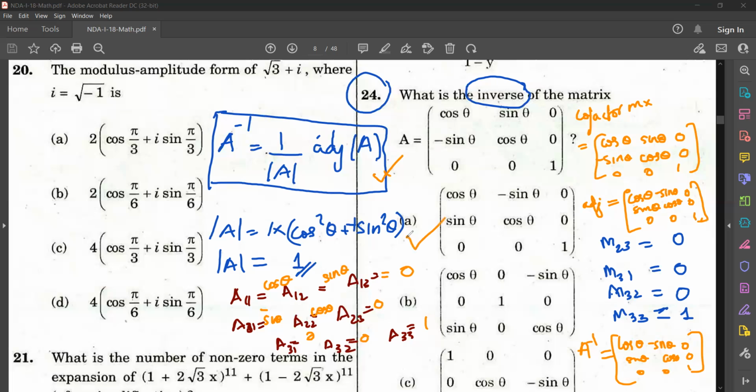So that answer is option A. Option A is the correct answer. So that was a direct question.